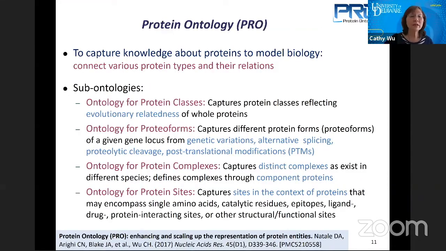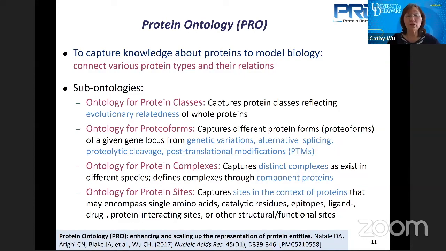So with this, we really expand on the work that we have done on protein ontology that captures knowledge about proteins to model biology. Essentially, we wanted to connect the various protein types and the relationships. So for this, we have the ontology to capture information about protein classes, the evolutionary relatedness of whole proteins, like what was discussed earlier, and an ontology for proteoforms.